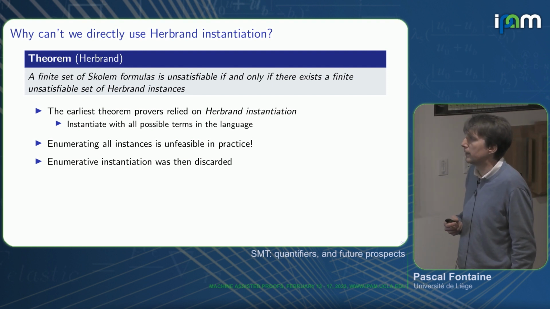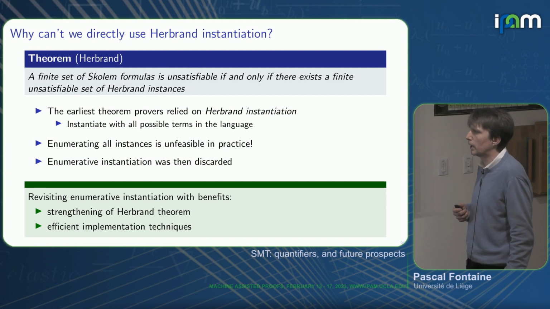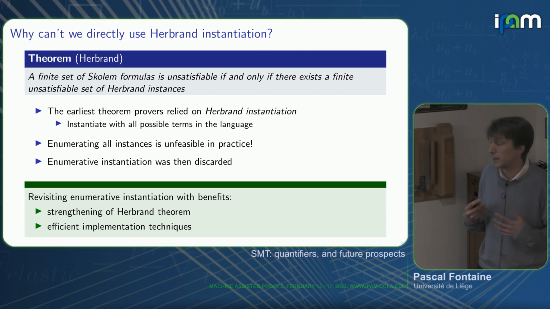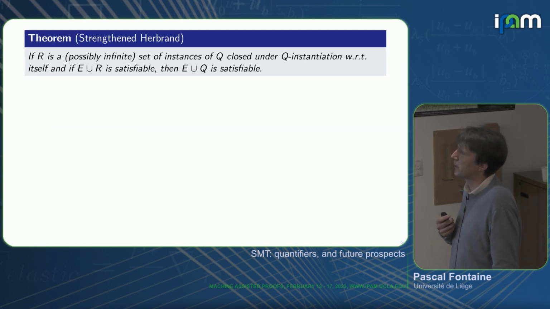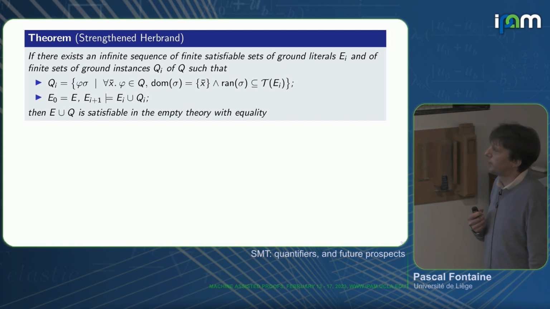It turns out that now we can revisit this, and it works pretty well if you are careful with the way you enumerate instances. I will go quickly over this because it's kind of boring.